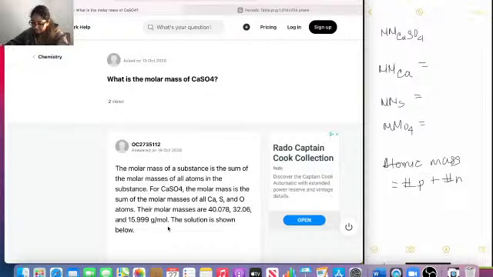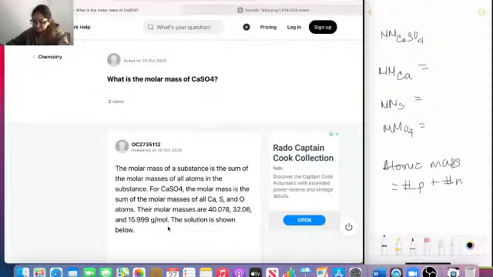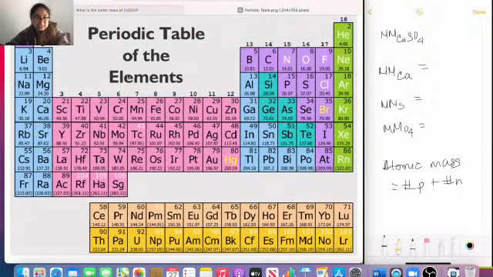So it's basically the same thing for the molar mass also. So here's our periodic table, and we can find the molar mass, which is 40.08. This is 1 mole of calcium, so we have 40.08 grams per mole. This is the same thing as saying the atomic weight, also atomic mass.